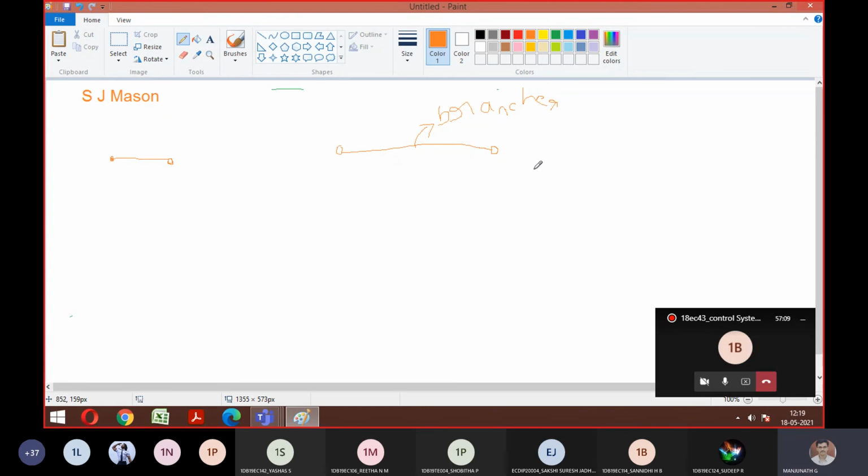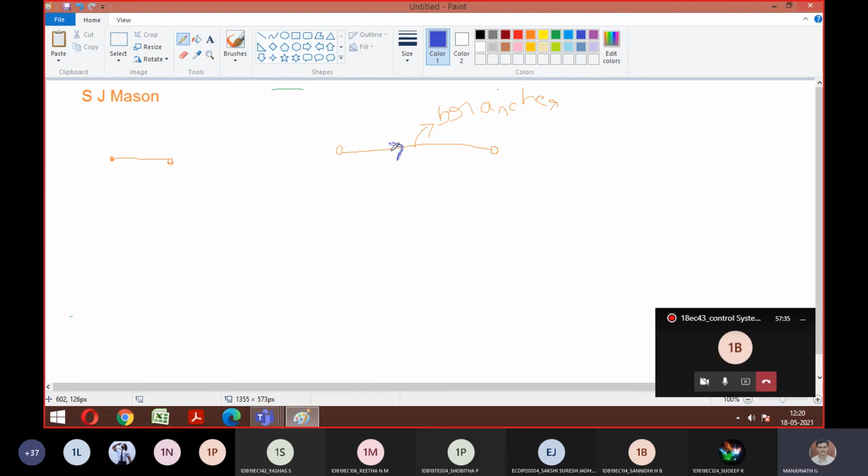You have two more points. Is it okay? Shall I proceed? Okay. After knowing that nodes are connected with direct lines called branches, the next point is that every branch has an arrow. You can look at what I'm writing here. Every branch has an arrow which represents the flow of signal.